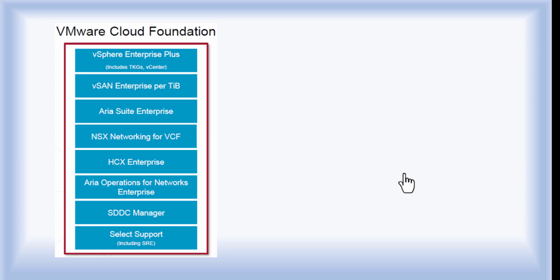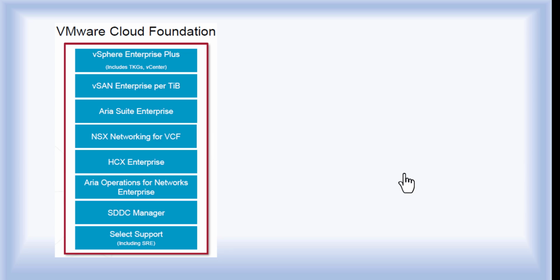Also, you have vCenter inside, and vSAN Enterprise per terabyte. You have the Enterprise package of the Aria Suite inside. You have NSX, HCX, and lots of different software inside that you can use in the future if you need them.